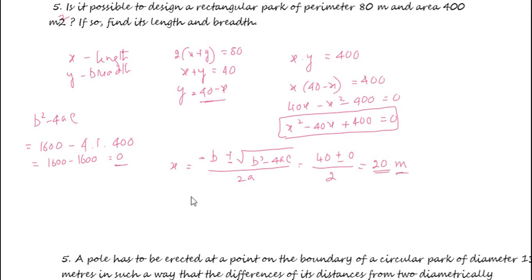X value is 20 meter, but x into y equal to 400, that means 20y equal to 400, therefore y is also 400 divided by 20, which is 20. So we can construct a quadrilateral, but it is not going to be a rectangle, it is going to be a square. It is possible to construct a square with the side 20 meter.